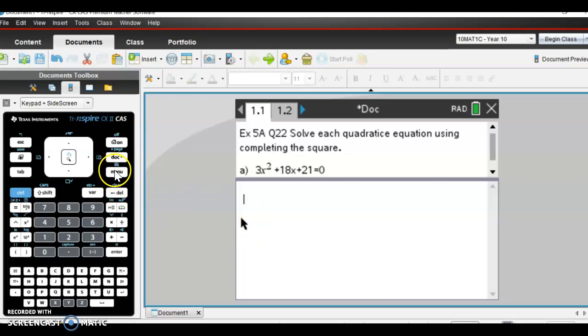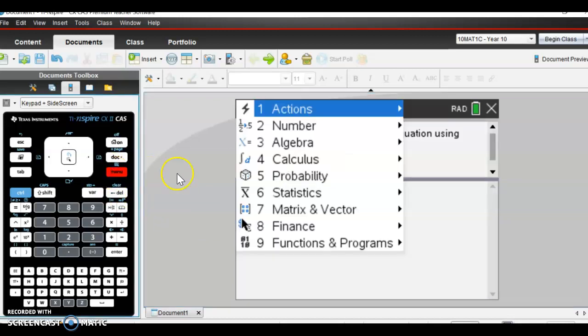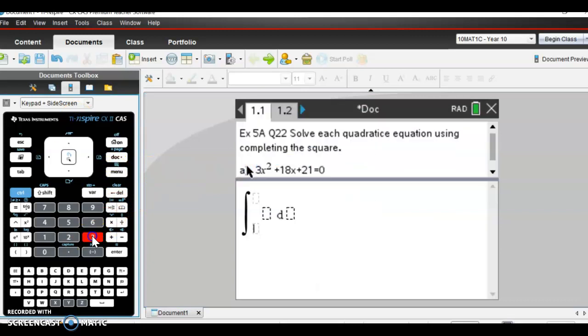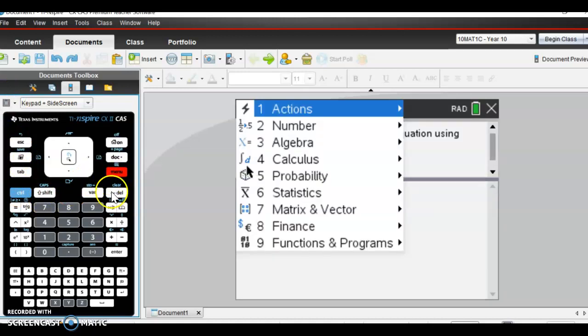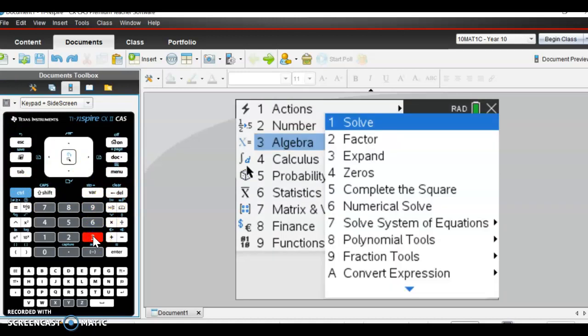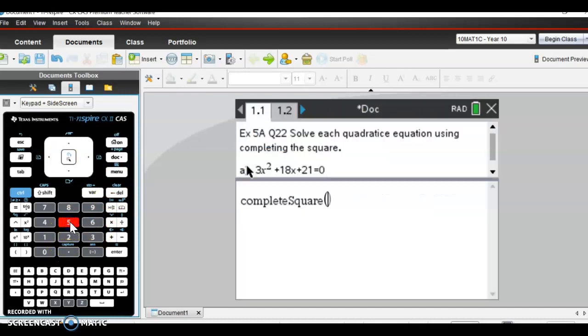I simply go menu, algebra, three. Oops, undo that. If you ever make a mistake, press escape or control escape. Try again. Menu, that's three for algebra, and we're doing completing the squares, option number 5.